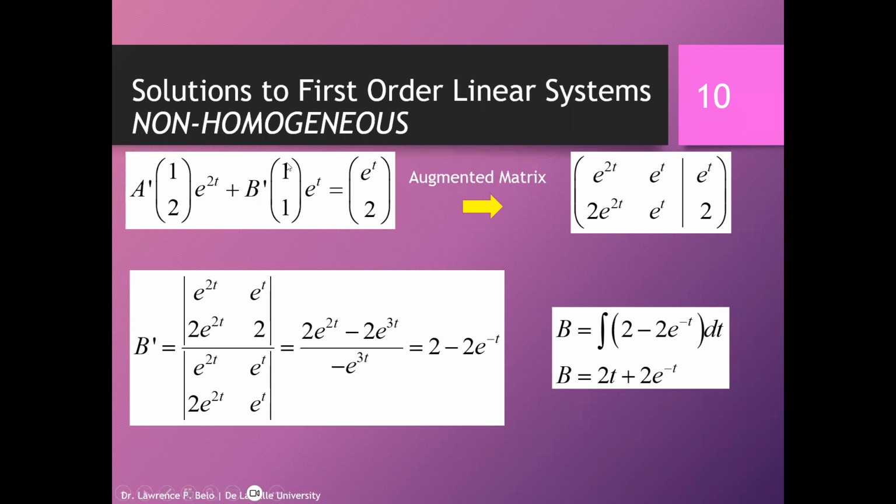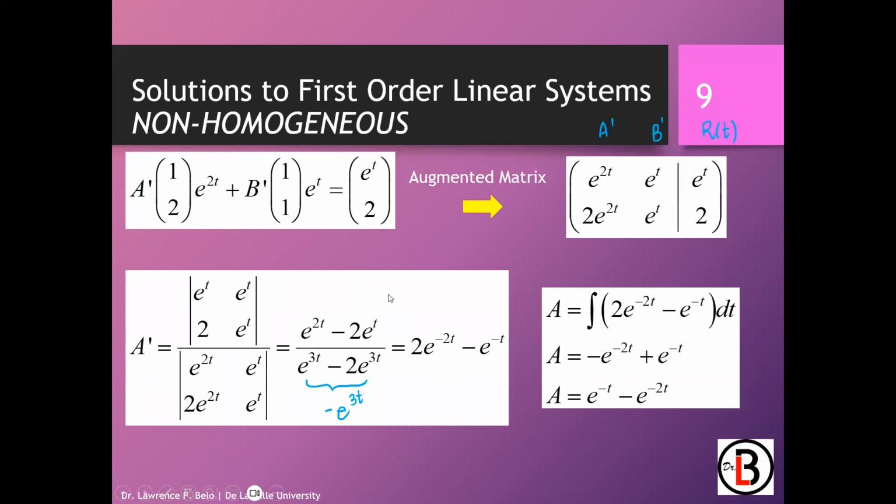So for the B, since we're solving for the B, we will replace the column that contains the elements from B prime with e to the t and 2. Kaya ito. But then at the bottom, di ba remember for Cramer's rule?